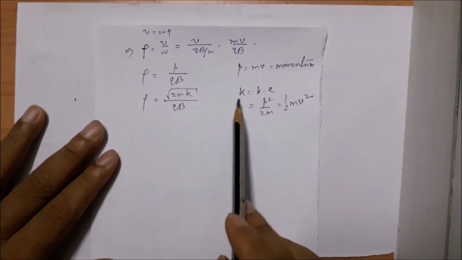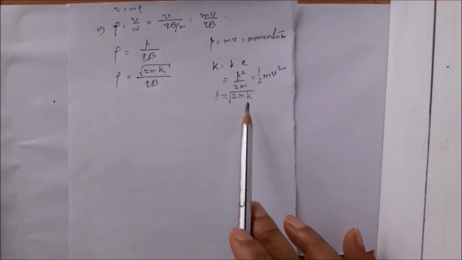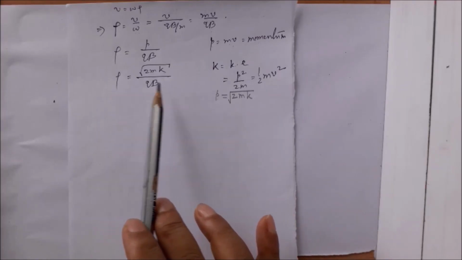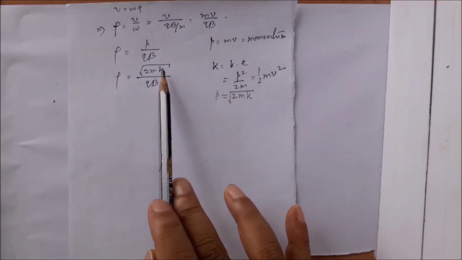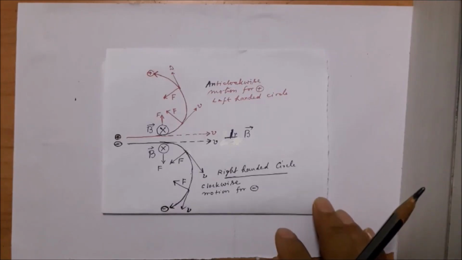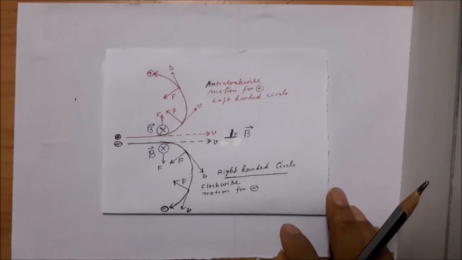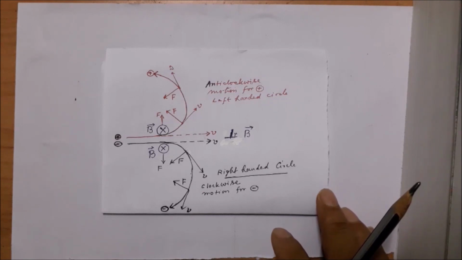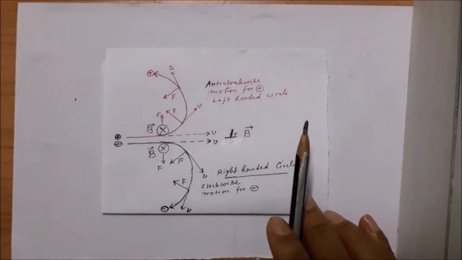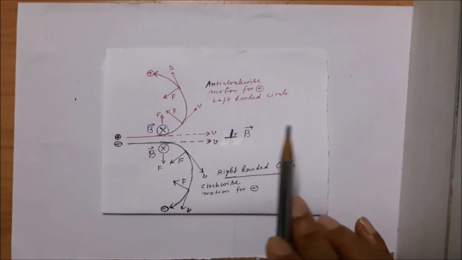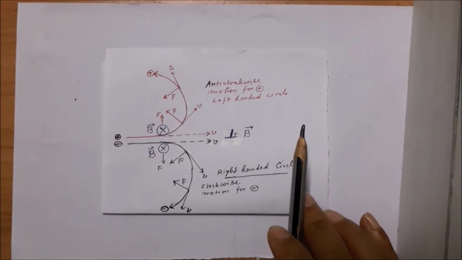And the kinetic energy denoted by K is p square by twice m. Using this, we end up with this relation between radius of curvature and the kinetic energy of the charged particle. The beauty of this problem is that through reasoning and using superficial or cosmetic arguments, we have arrived at the answers to most of our queries regarding nature of trajectory, frequency, time period, radius of the circular track traced.